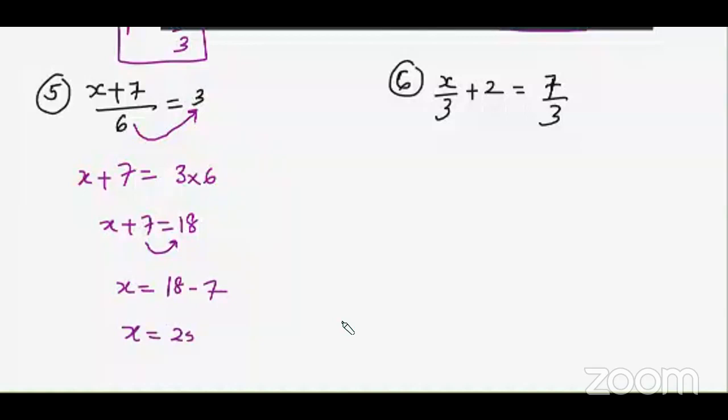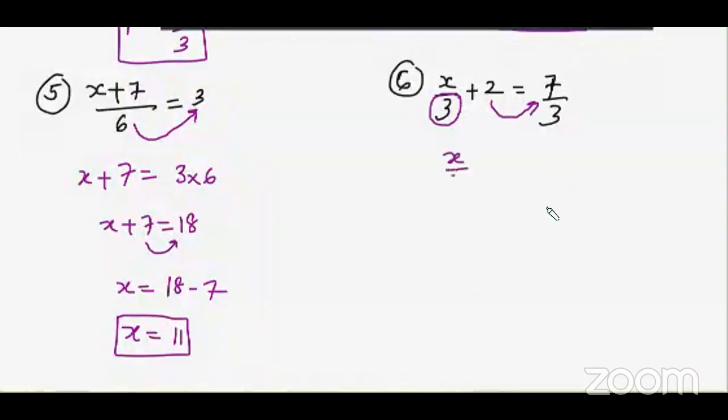Right? Now, if you look at the sixth question, x divided by 3 plus 2, that means the 3 is an individual denominator for x. It's not like the fifth question, correct? It's just the denominator for the variable x. Therefore, the first step will be the added number 2 has to be shifted, right? So it will be x divided by 3 equal to 7 divided by 3 minus 2. Okay.